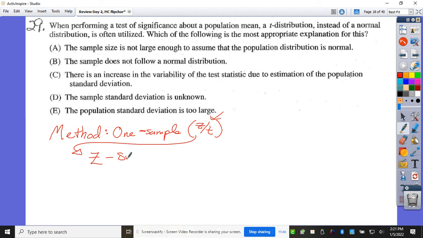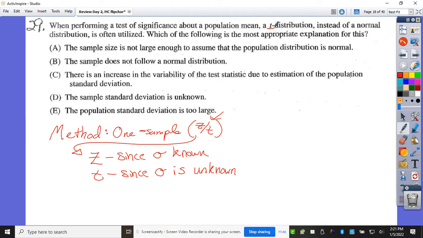And sigma is known. If it is T, what do we write? Since sigma is unknown. And this is essentially what the problem is asking about.